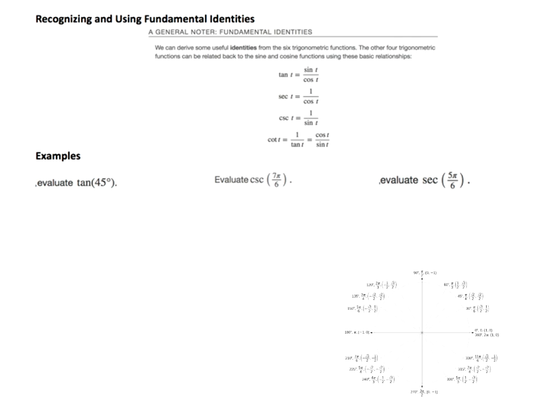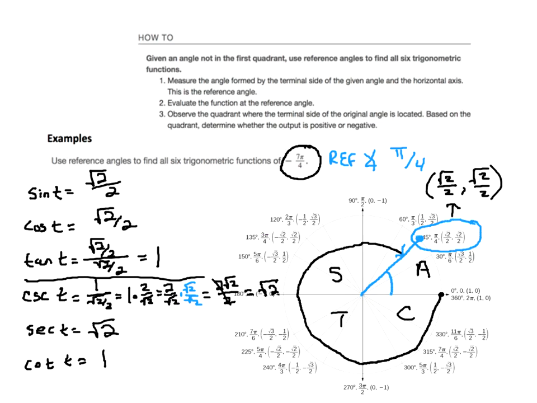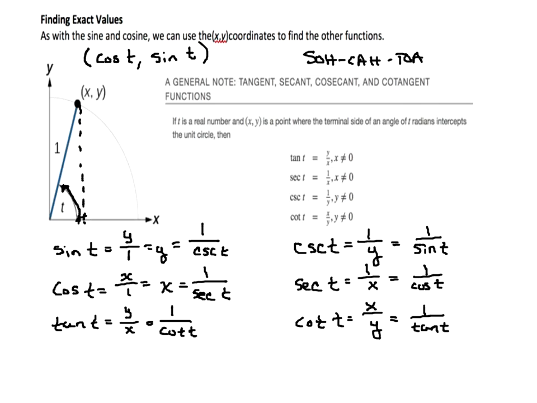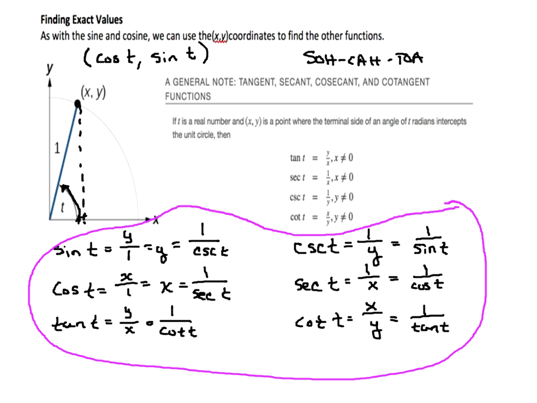Okay, so using fundamental identities here. We have already established these identities. We did that back on the first page. I'll just remind you. So we did that all here.